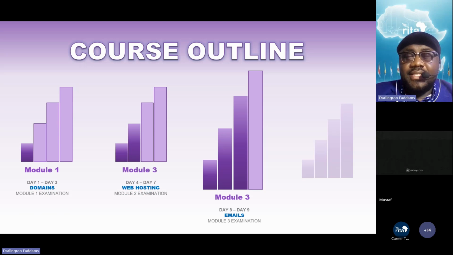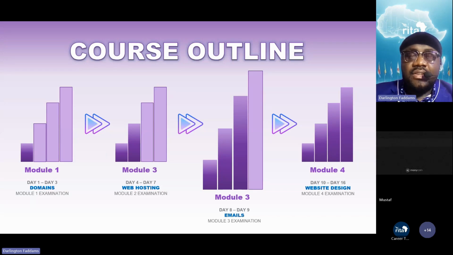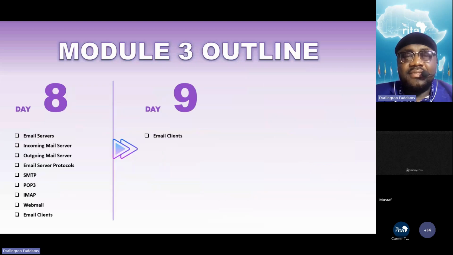So we are going to get into it, and this is module 3, like I mentioned, and this module 3 is going to run for 2 days, and after that, we'll move on to module 4, website designing. In this particular lesson, we'll spend time talking about email servers, especially how the incoming mail server works and the outgoing mail server works.